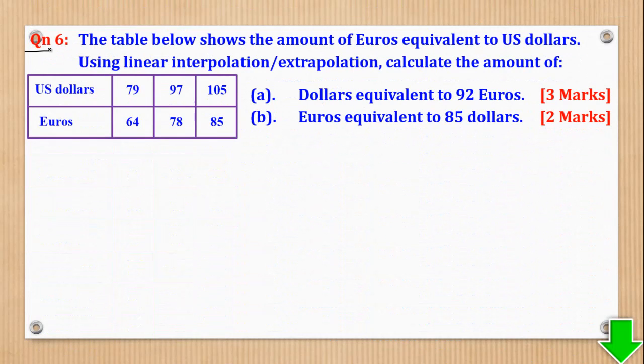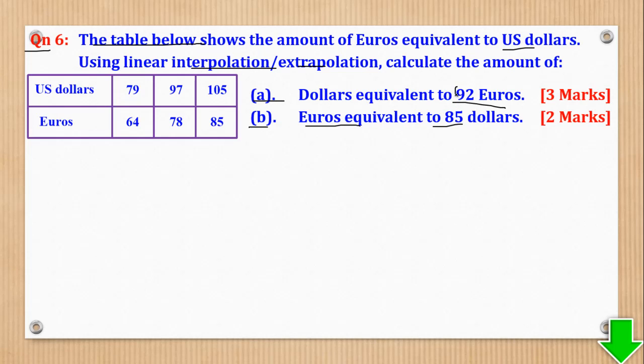Then question 6. Question 6 says the table below shows the amount of euros equivalent to US dollars. Using linear interpolation or extrapolation, calculate the amount of dollars equivalent to 92 euros. And part B, euros equivalent to $85.